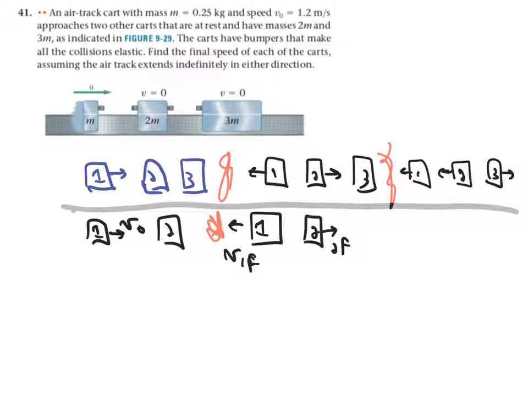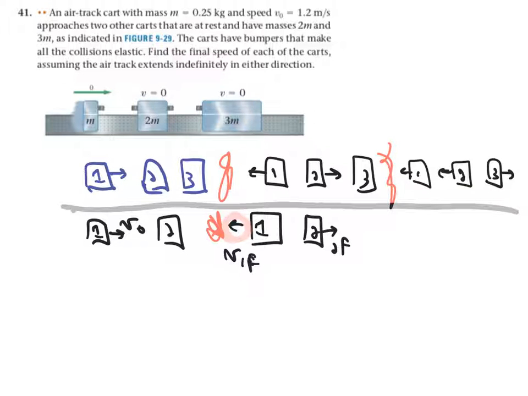I'll have to be a little careful because we'll see that my V1F will come out negative, and I'll actually have to take the absolute value because I have already put the direction in here. Nominally, the way that formula is derived, we assumed that object 1 continued to the right, but in this situation, we know it comes to the left.